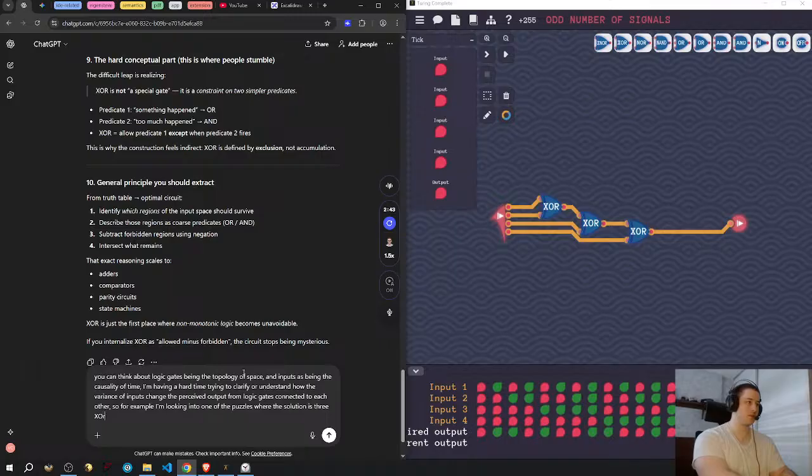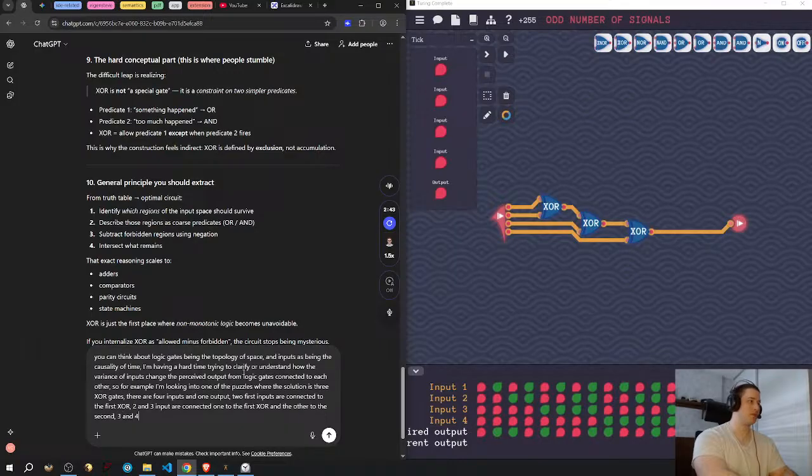3 XOR gates, 4 inputs, 1 output. First inputs are connected to the first XOR. The second input is connected, one to the first XOR and the other to the second.